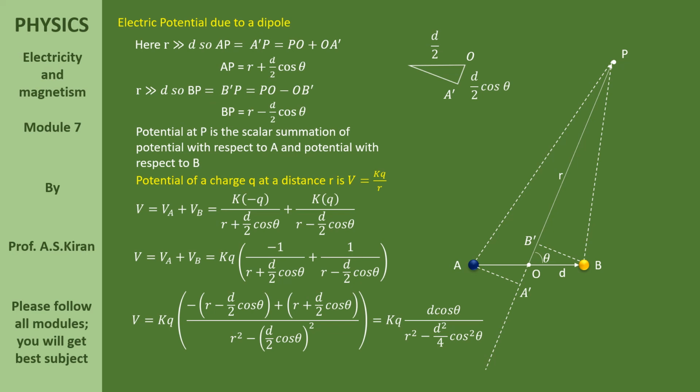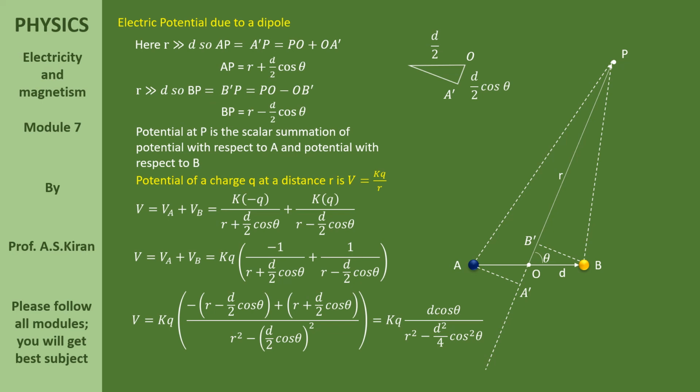That is equal to, after simplification, this r and r get cancelled. D by 2 cos theta, and there is one more d by 2 cos theta, gives us d cos theta in the numerator. Of course, in the denominator, there is a term r square minus d square by 4 cos square theta, isn't it?